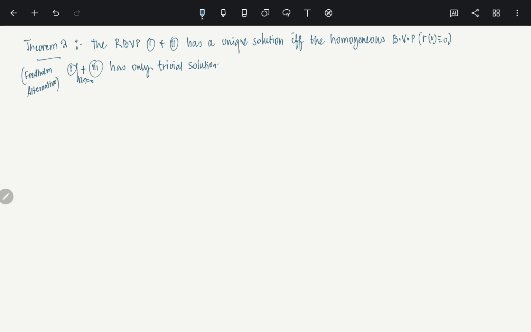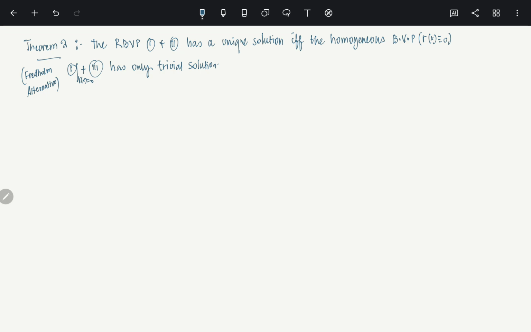You can have similar sort of results even for PDEs. Essentially what it is saying is that there is a dichotomy between the inhomogeneous equation and the homogeneous equation. The homogeneous problem can have only the trivial solution, or it can have infinitely many solutions.